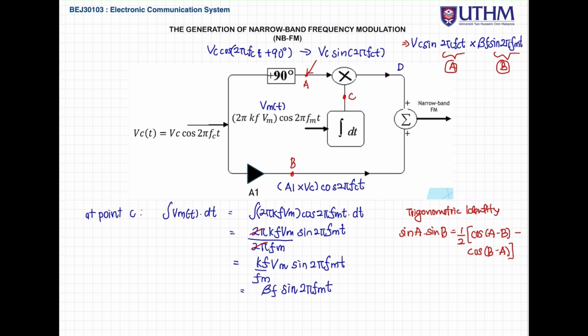At last, we add the output from the multiplier with the output from the gain.